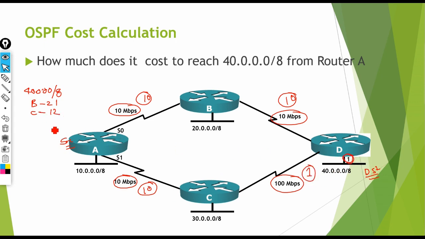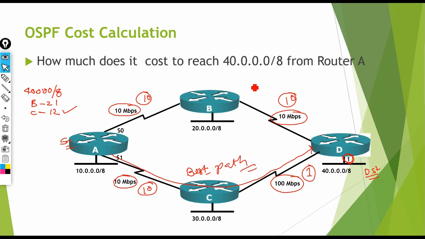Just 12. So which is going to be the best here? The least is always the best, via C. Means A can reach this 40 network via this, and this is going to be the best path. Fine. This is a very basic scenario we need to keep in mind.